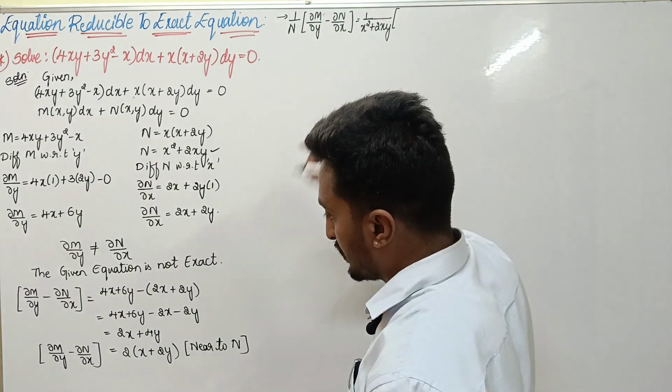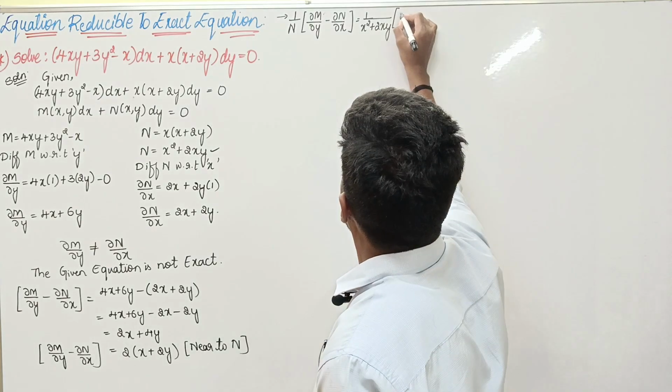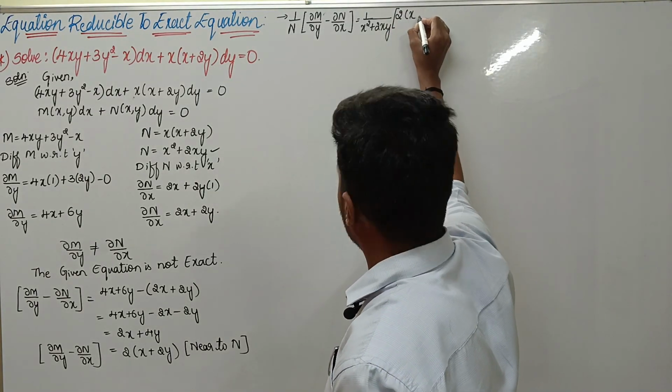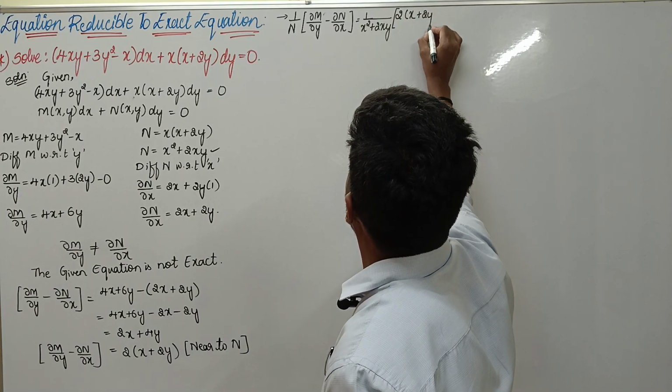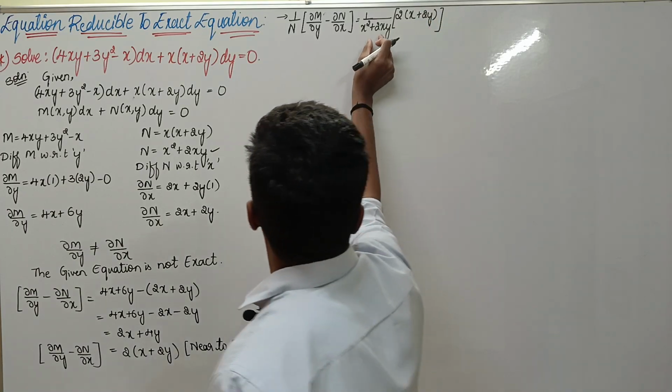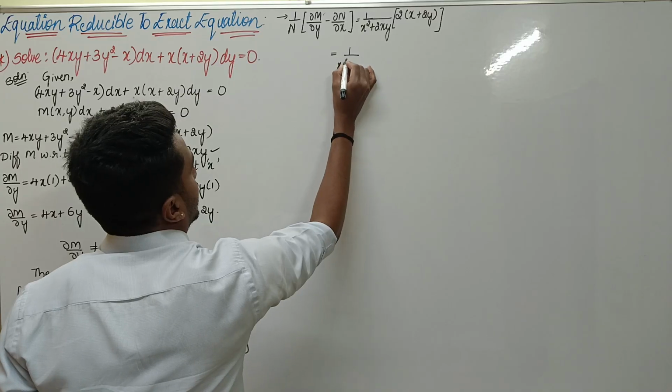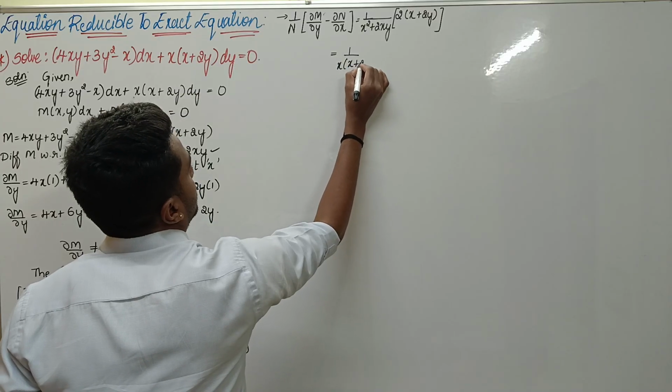We have 2 into (x + 2y). But in this denominator, I can take x as common, that is x into (x + 2y).